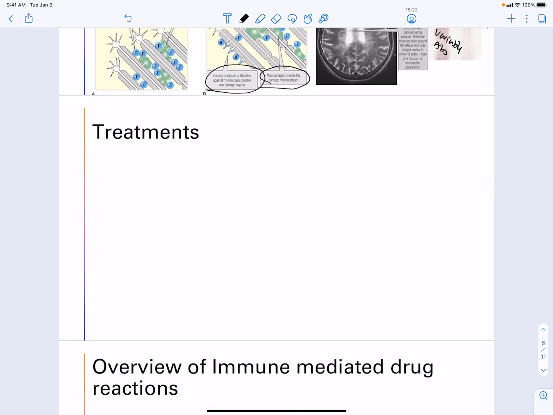So again, treatments are to avoid triggers such as poison ivy. And then if you have an endogenous source, of course that will not work. It's more autoimmune. You can have anti-inflammatory drugs.